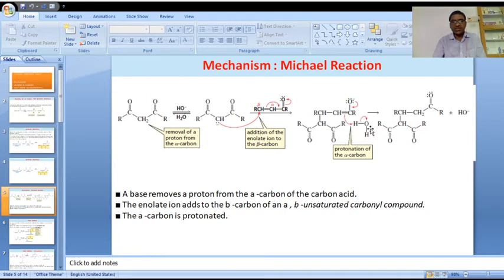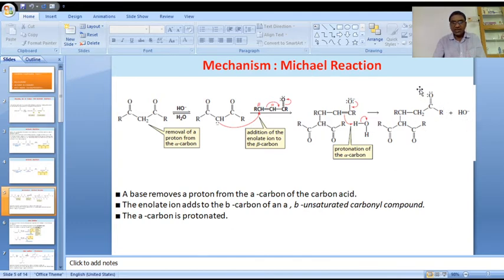Here the negative charge shifts, these electrons shift to this side and form a pi bond. This pi bond breakage takes place, and this alpha carbon gets negative. It abstracts hydrogen from water, again forming the hydroxy functional group. In the starting reaction we use hydroxy; at the end of the reaction that hydroxy is removed from the reaction.